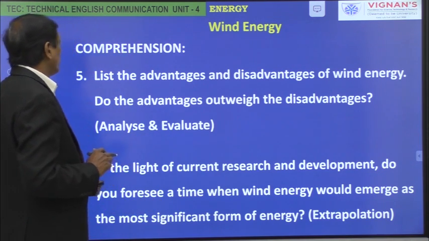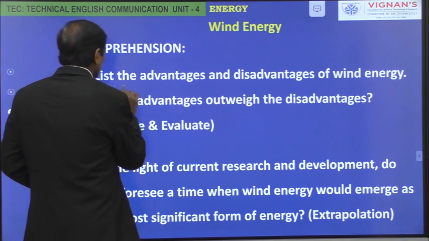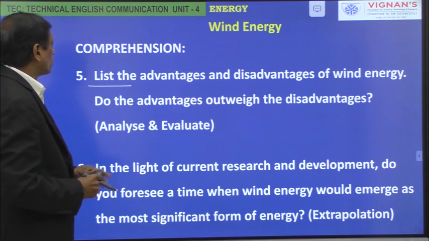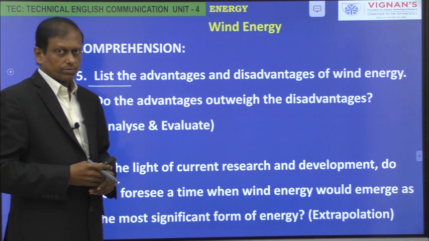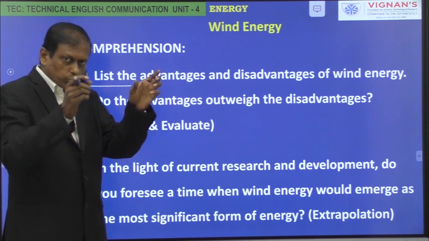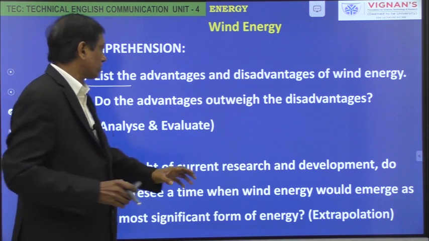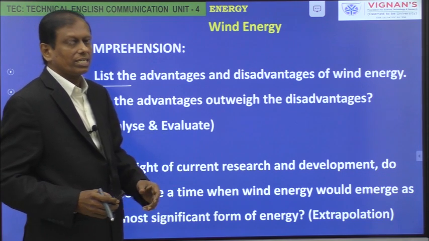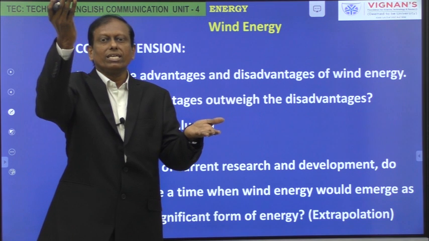Next, list the advantages and disadvantages of wind energy. To list it, you have to extract main points from the passage and put them as one list. These are the advantages, these are the disadvantages. Do the advantages outweigh the disadvantages? Are the advantages more or disadvantages more?